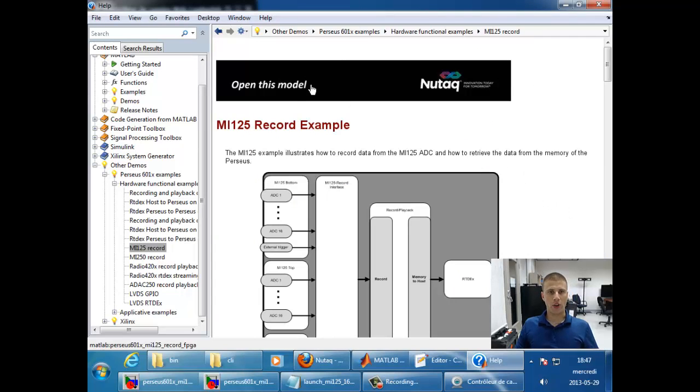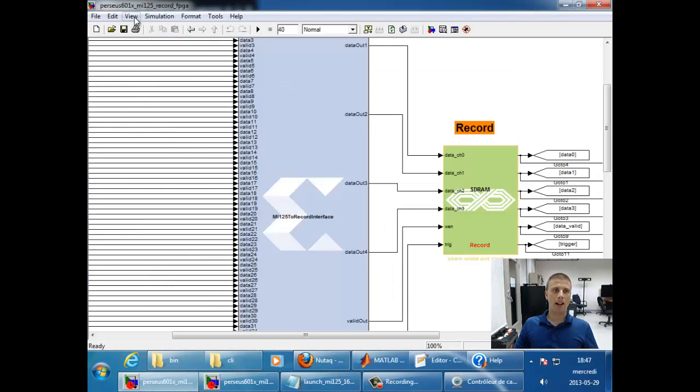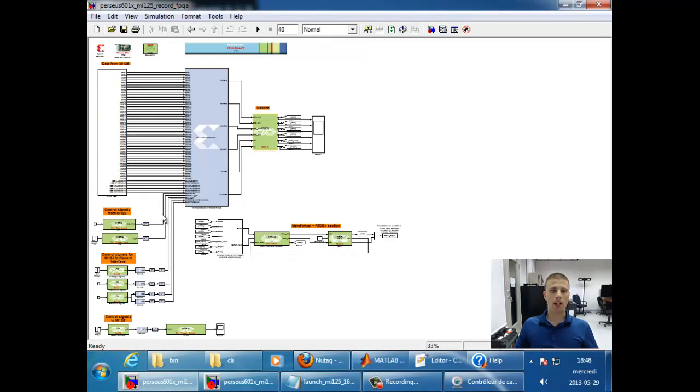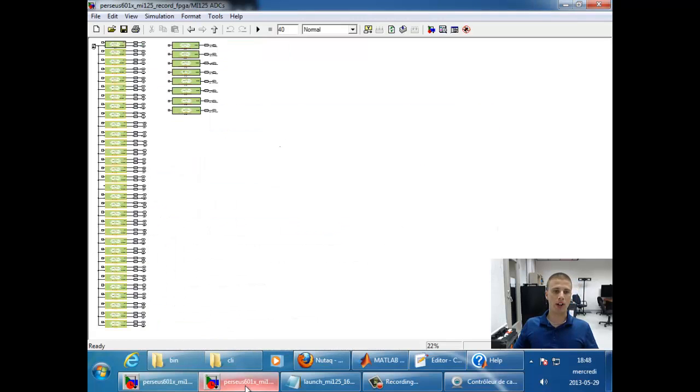So we're going to click on Open this model. That brings the Simulink workspace in which I will find a model made of blue blocks, which are Xilinx System Generator blocks, as well as green blocks, which are blocks from Nutaq's MBDK library. In this particular example, we're going to be looking at an array of 32 blocks.